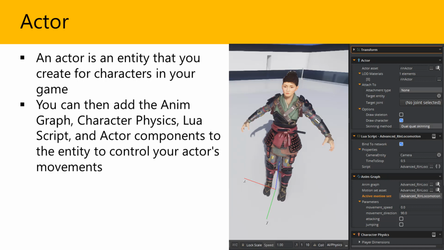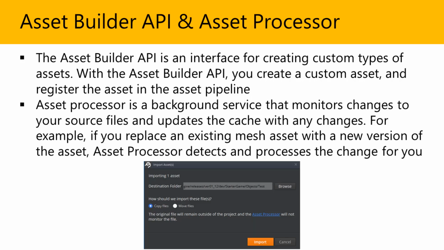So here's an example actor that you see on the screen. The entity in the Lumberyard editor viewport has the actor component tag. Now you'll notice there are several properties that you can work with regarding actor, the Lua script, the anim graph, and so forth.